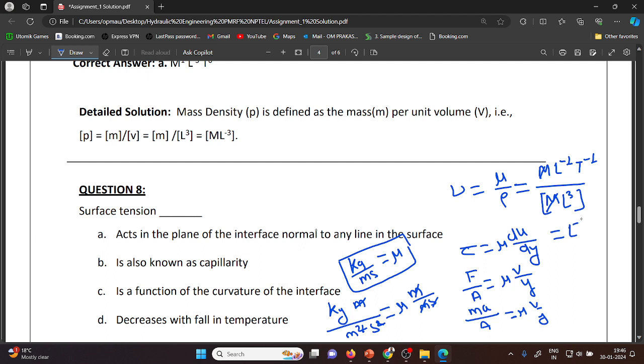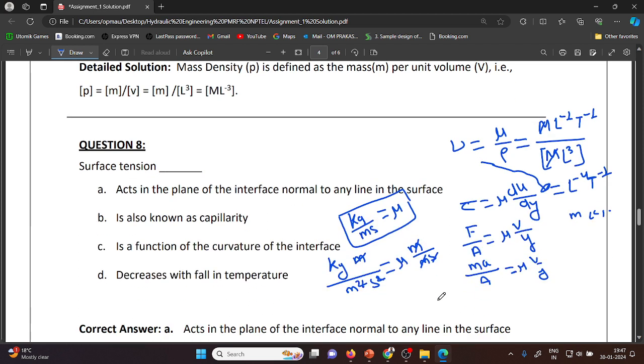This is the kinematic viscosity dimension. Meter square per second, so this is wrong. Meter square per second means L square T minus 1. Where are we making the mistake? Let me check again.